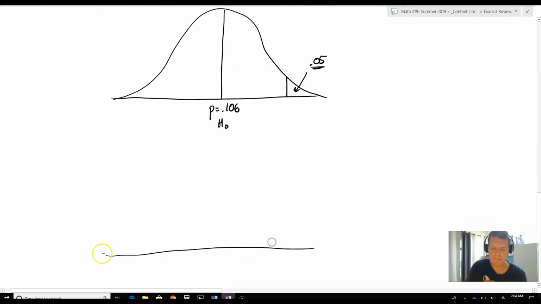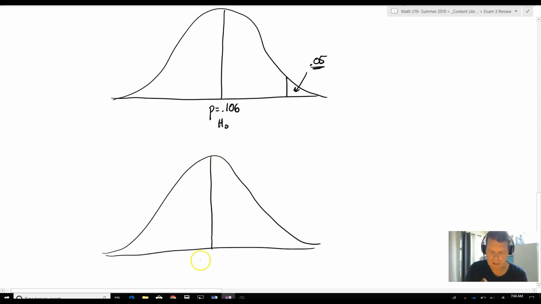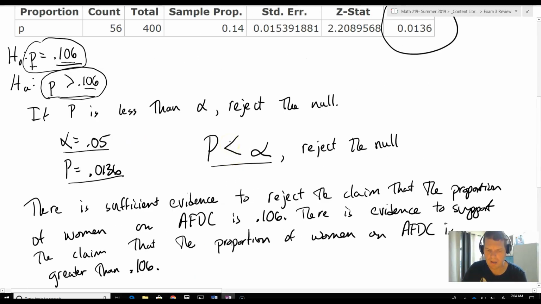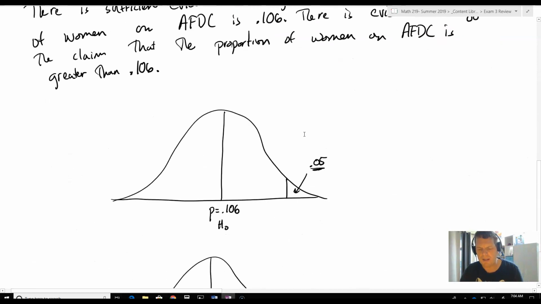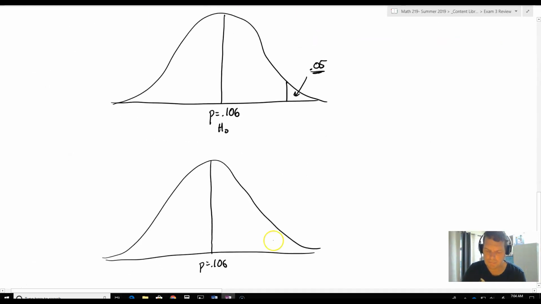So here's my distribution, except with my actual test data in it. So P equals 0.106. And I go up here and look, my sample proportion is 0.14, and it has a z-stat of 2.209. Don't need this actually to run the test right now, but to help us understand the test, we want it.